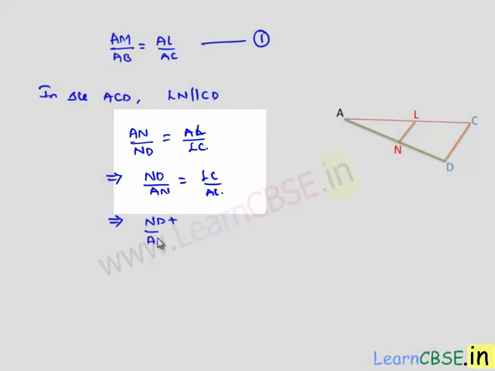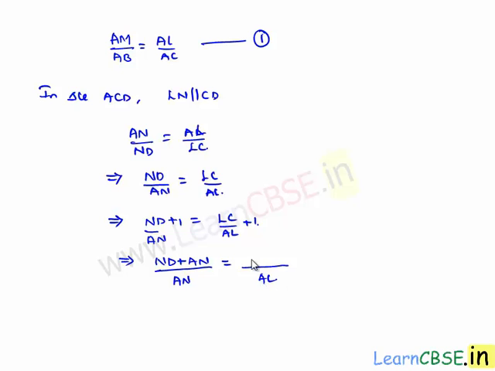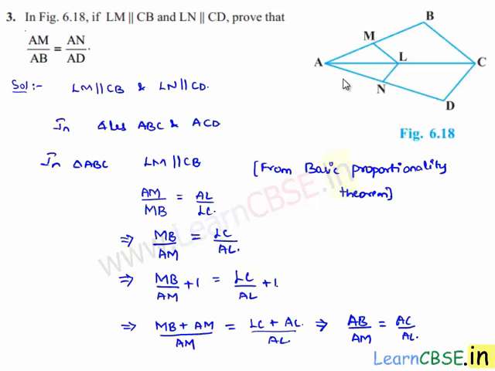ND by AN plus 1 is equal to LC by AL plus 1, which implies by taking AN as LCM we get the numerator as ND plus AN whole divided by AN, which is equal to LC by AL. Let us take AL as LCM here, then we get the numerator as LC plus AL, which implies here ND plus AN is nothing but AD and LC plus AL is nothing but AC.